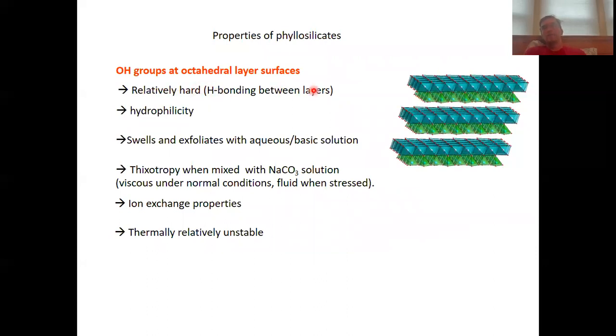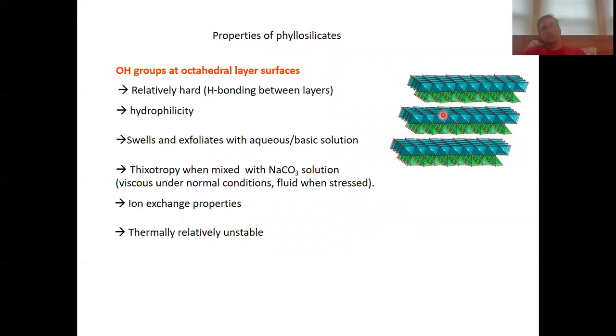You can easily imagine that when you have hydroxyl groups on that side of the octahedral layer, these hydrogens can make hydrogen bonds to the oxygen of an adjacent tetrahedral layer. So despite having a 2-dimensional structure, you have a relatively hard material.